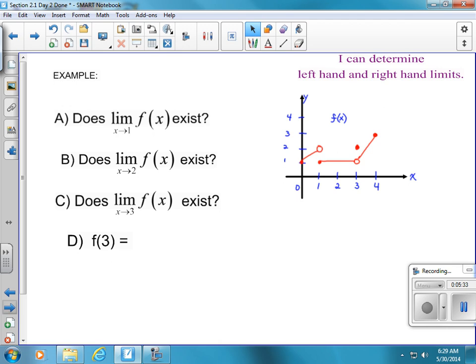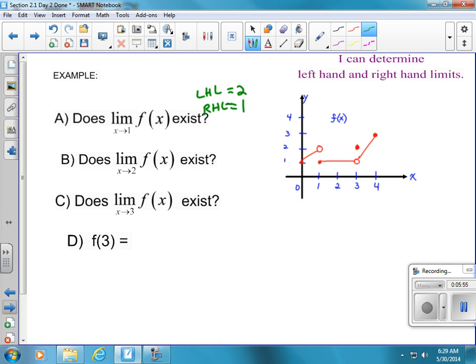Does the limit as x goes to 1 exist? Now remember, from the left-hand side, y was equal to 2. From the right-hand side, y was equal to 1. Does the left-hand limit equal the right-hand limit? Left-hand limit is 2, right-hand limit is 1.